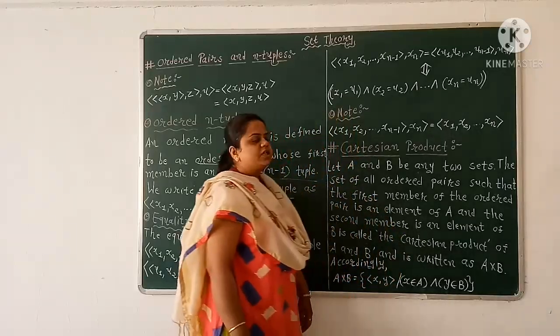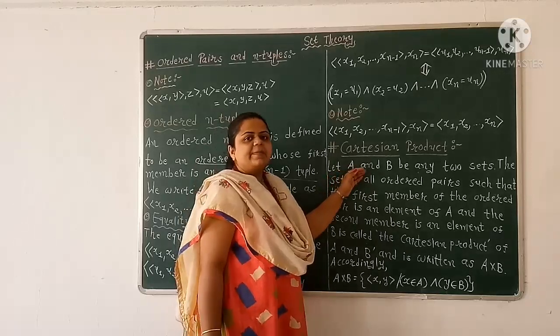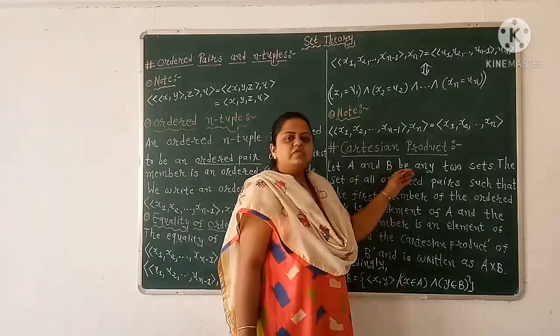Now, next definition, Cartesian product. Let A and B be any two sets.